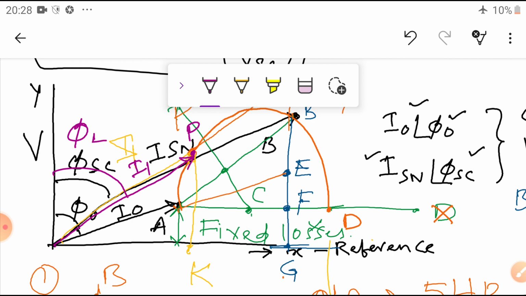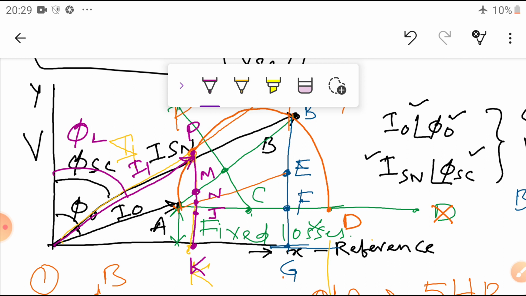Now draw one vertical line up to this one, and represent this as K. Now this is equal to M, and you can represent this as N.